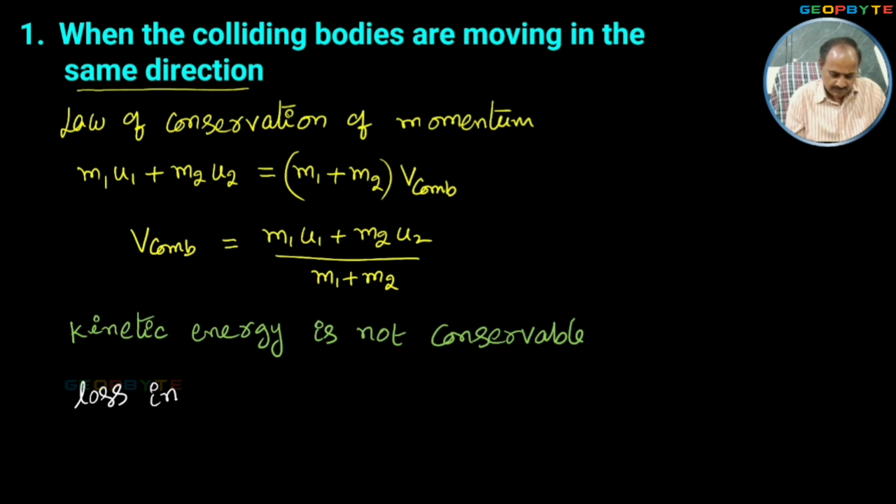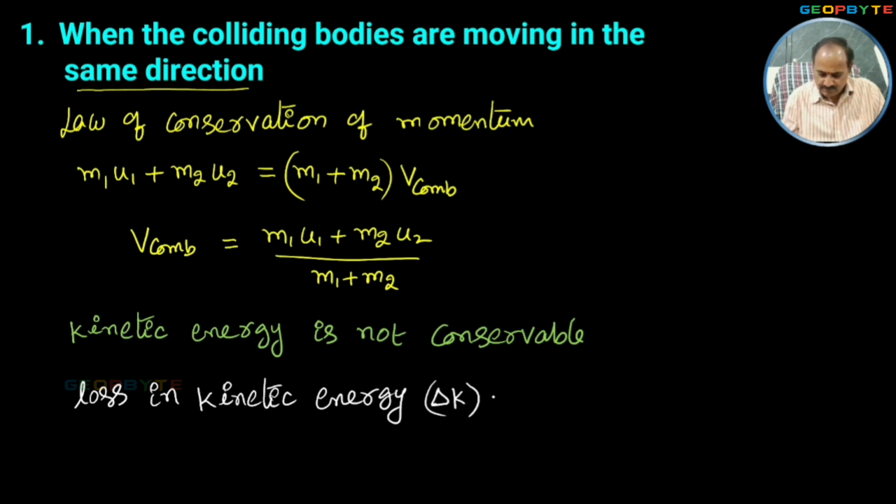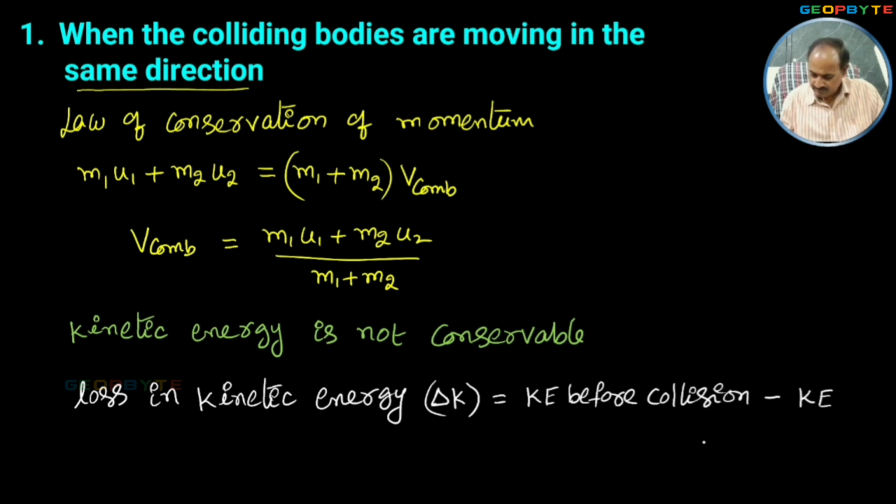Loss in kinetic energy, that is delta K, is equal to the kinetic energy before collision minus the kinetic energy after collision.